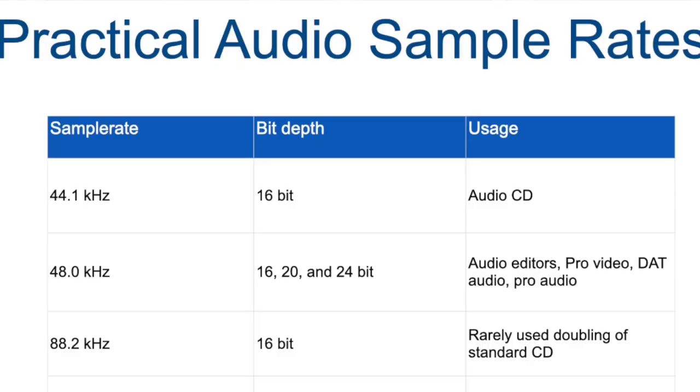And for that, the industry decided that 44 kilohertz was a good frequency to pick, and they said 16 bits. So again, the 16-bit was already common there. Why 44 kilohertz, you might well ask?